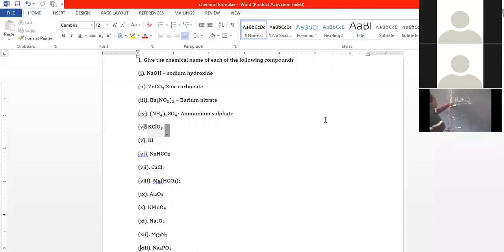So the symbol that I see here as Mg is magnesium, and then HCO3 is the hydrogen carbonate. So that is what we do when we are naming. We just pick the symbol of the metal and then the symbol of the radical, and then we give the name. Is that okay, Angel?